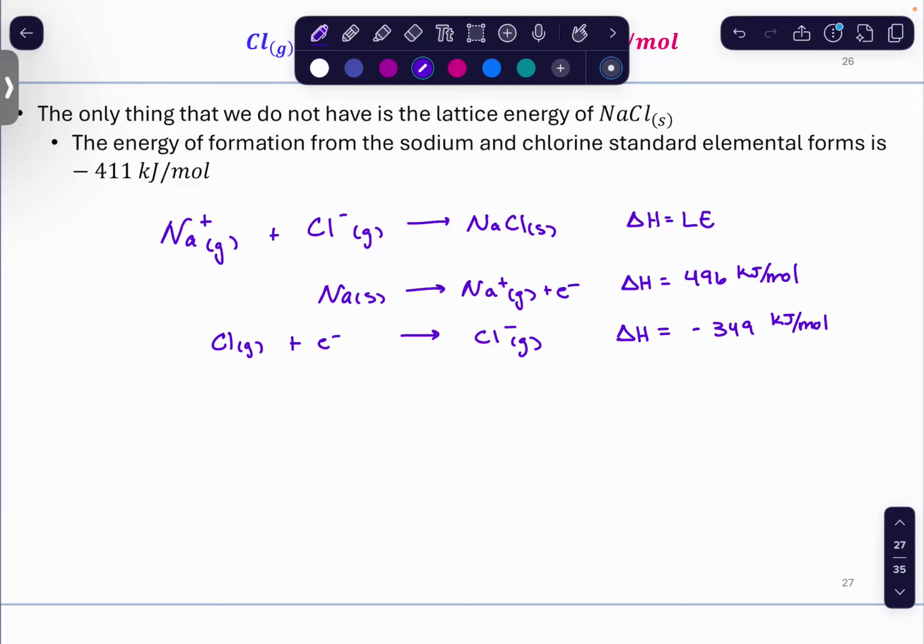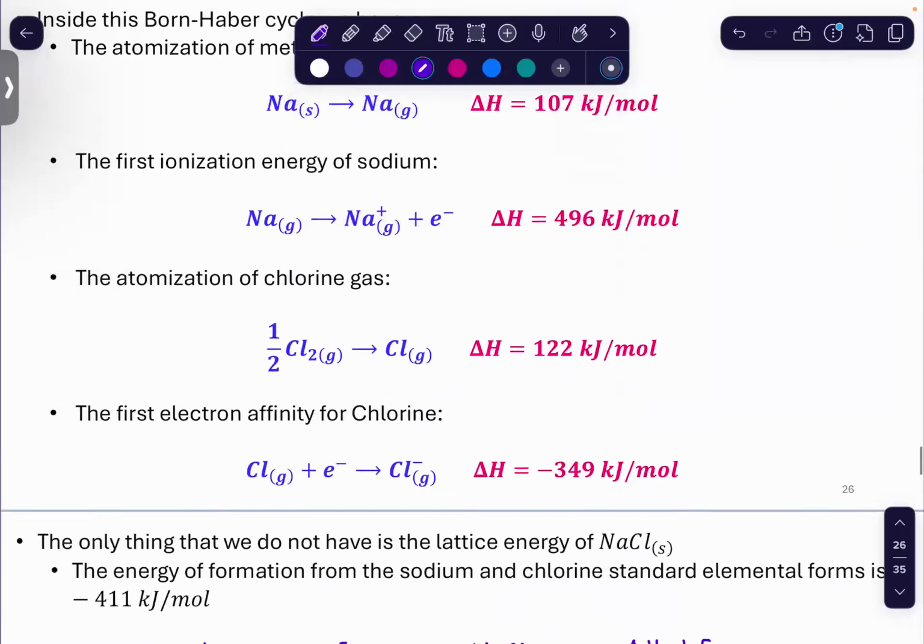Okay, we want to get rid of the chlorine gas, so we have the 1/2 Cl2. That delta H is 122 kilojoules per mole. Oh, I used a wrong phase. This one here is a gas from the Born-Haber cycle.